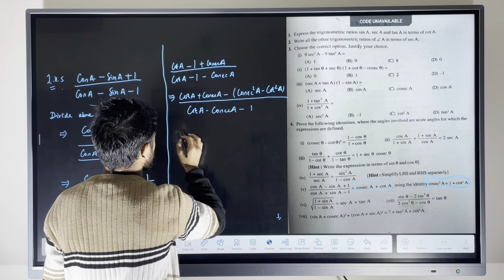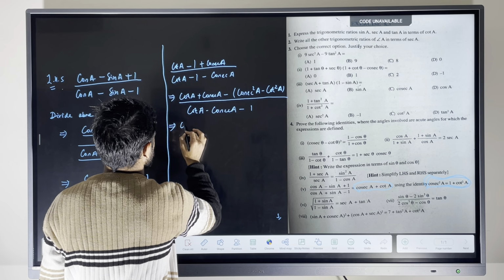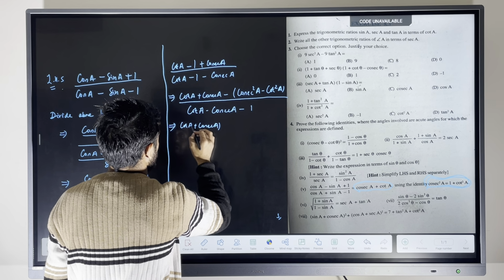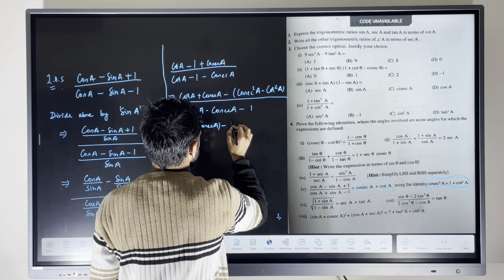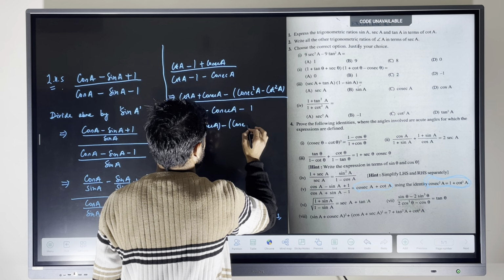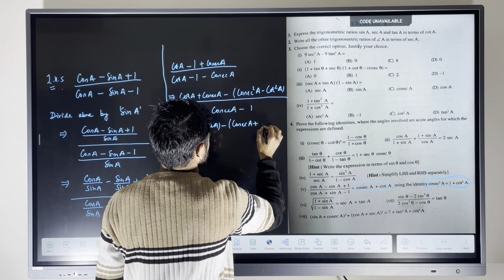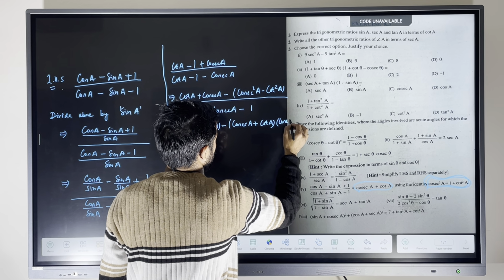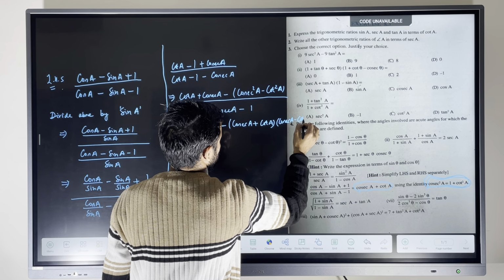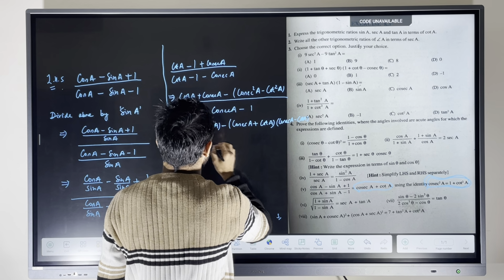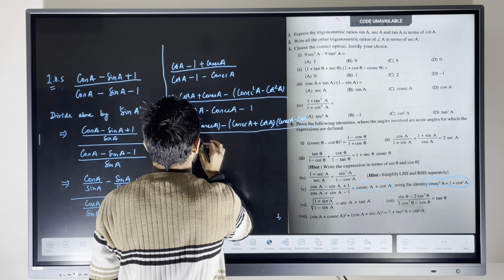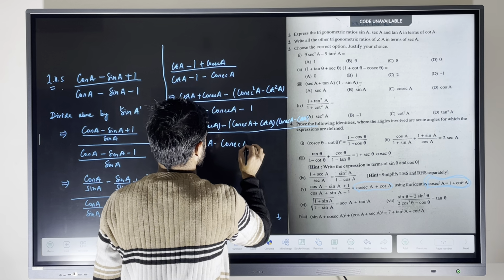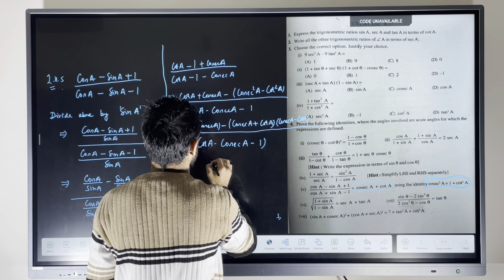Now here we can apply the identity a square minus b square. It will be cot A plus cosec A, and cosec square A minus cot square A changes into a plus b into a minus b, whole upon cot A minus cosec A minus 1.